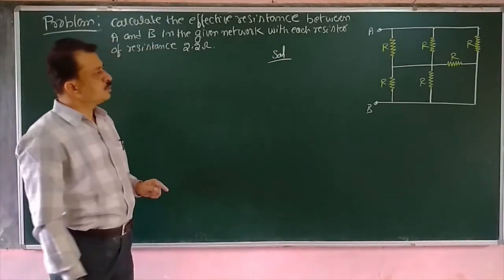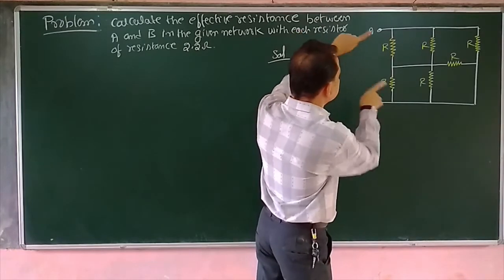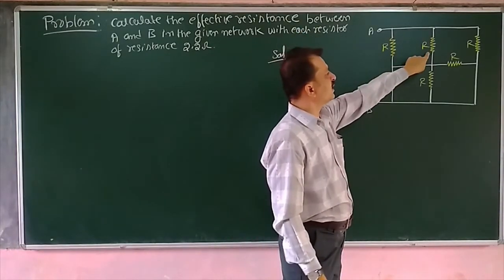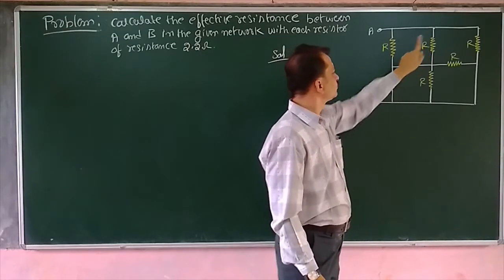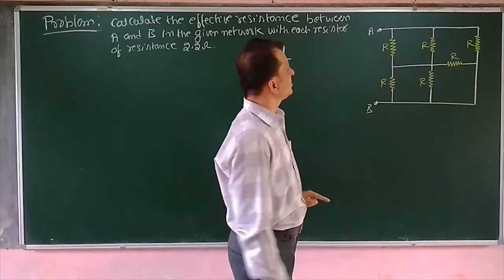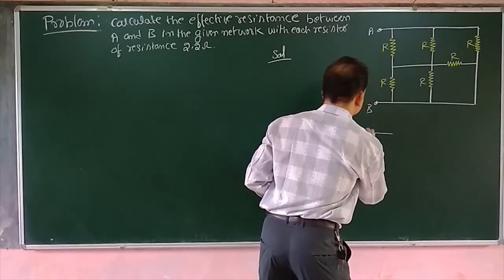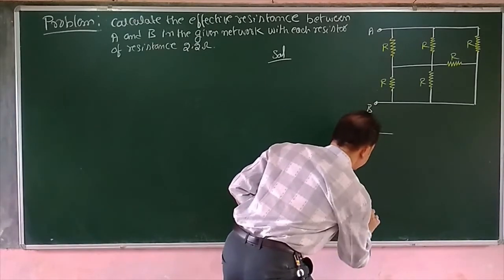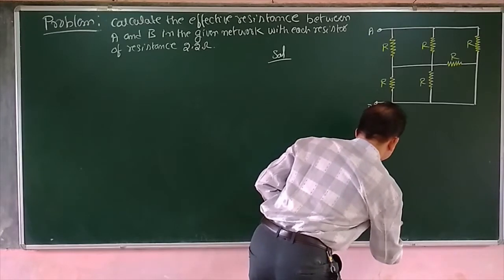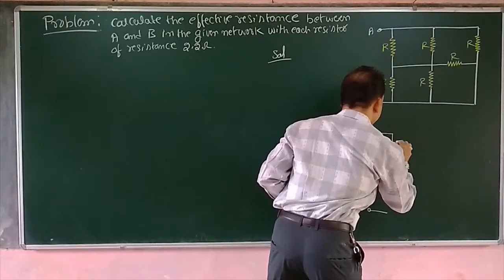Solution. Now carefully look here. Looking through the terminals A and B, this R and this R are in parallel. Now these two R's are in parallel, that is clear. So I will rewrite this one like this. Now this is terminal A, and here I write terminal B. These two are in parallel, so I will write it in a simple way.